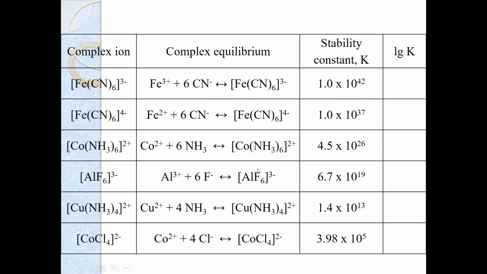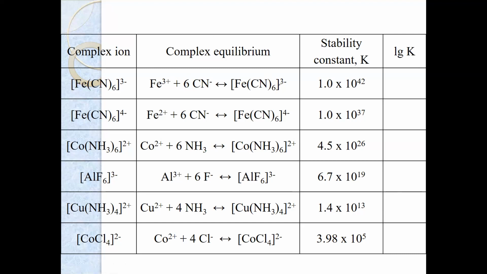Here are a few examples of how you write this. For example, how is the complex ion Fe(CN)6 3- formed? It is formed by Fe3+ plus 6CN- giving Fe(CN)6 3-.